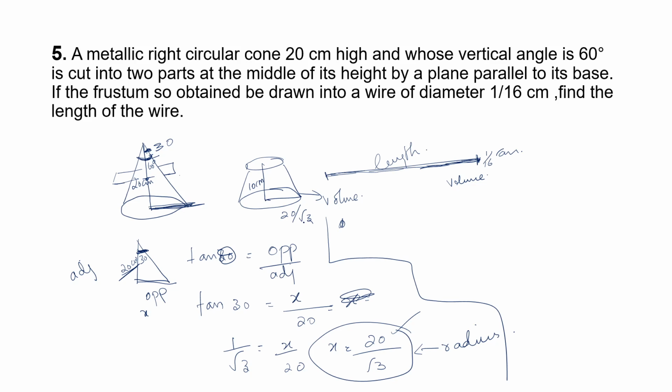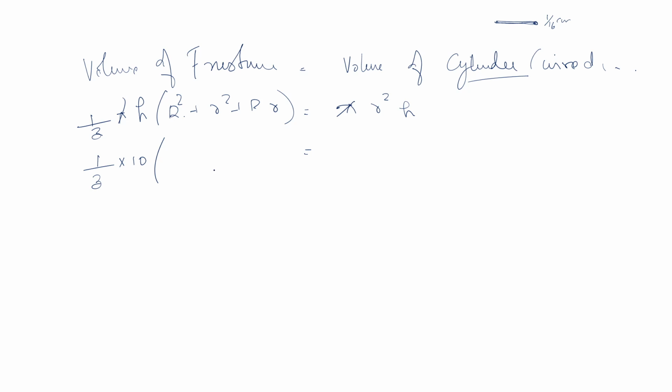So this r is 20/√3, and the other is 10/√3. This is 20/√3, and this is cut in half, so it is 10/√3, plus 20/√3 into 10/√3.